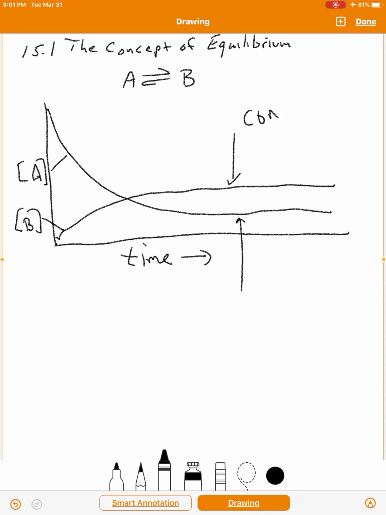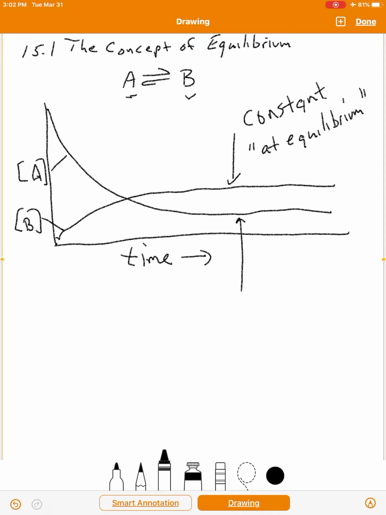These are essentially constant, meaning they're not changing as time goes on. That's another indicator that we're at chemical equilibrium. The system is stable, it's at equilibrium. The concentrations of that one reactant A and the product B are not changing anymore.